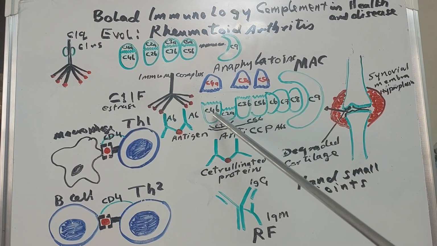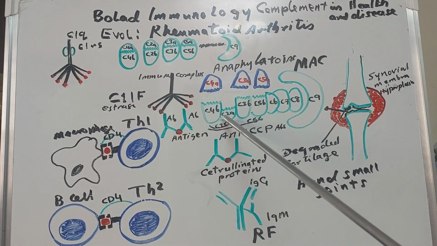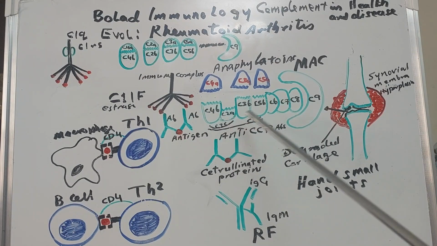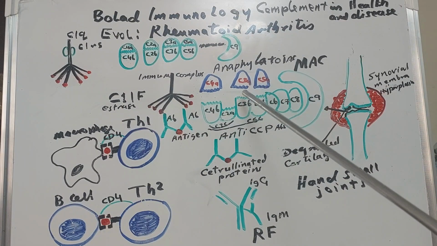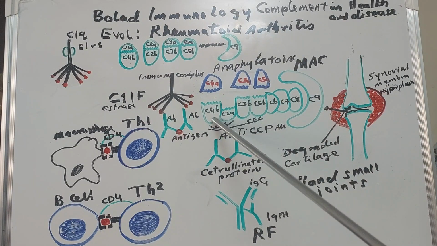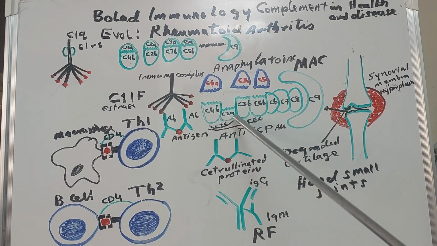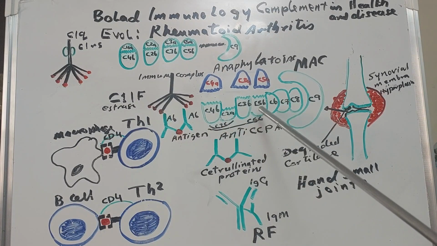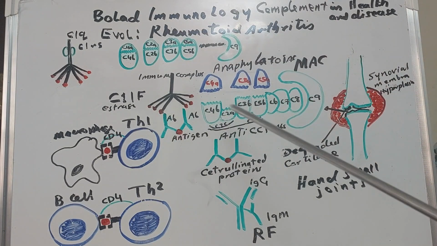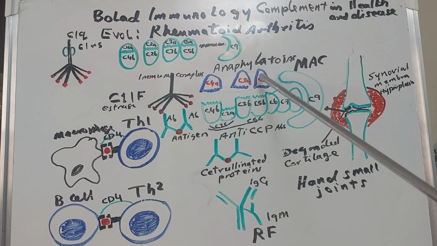So C2a will bind C4b, and this C4b C2a is known as C3 convertase. It has an enzymatic activity, and it acts on C3. It cleaves C3 into C3a and C3b. C3b will bind to C4b and C2a, and C4b, C2a, C3b is known as C5 convertase, and it acts on C5, and it cleaves C5 into C5a and C5b.